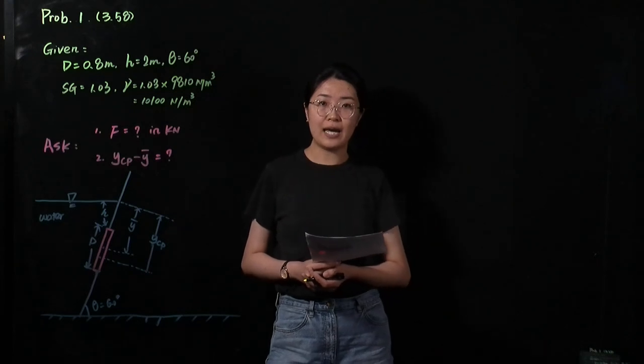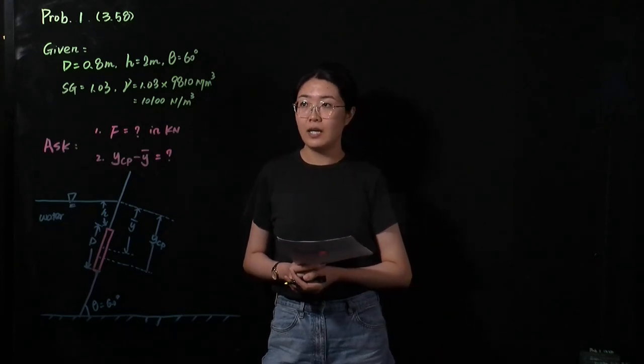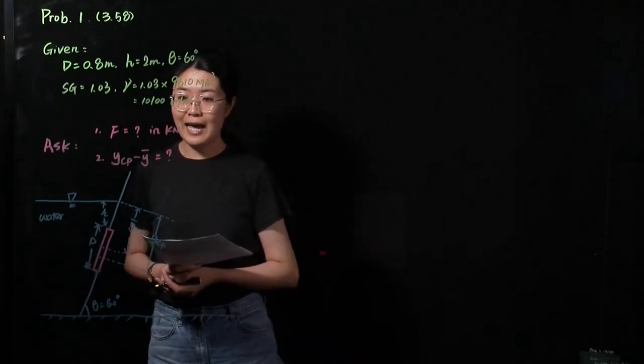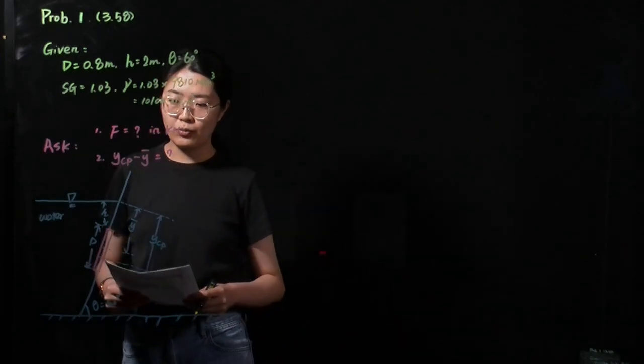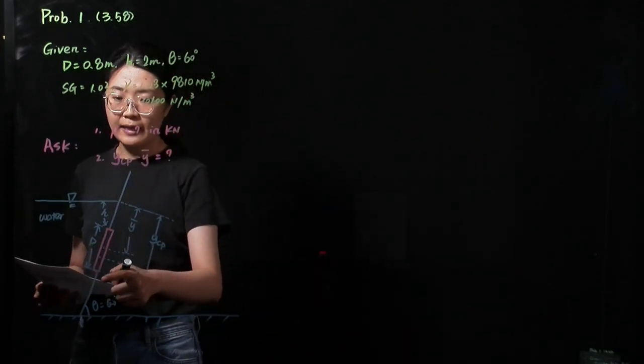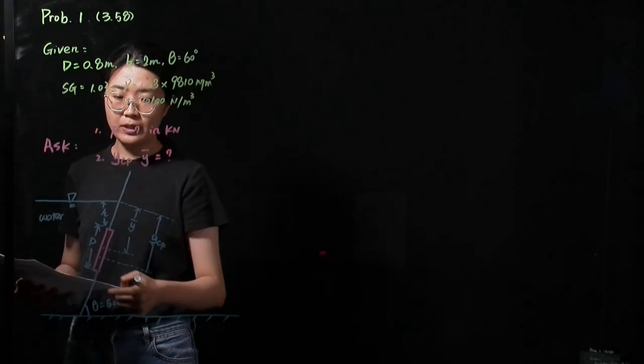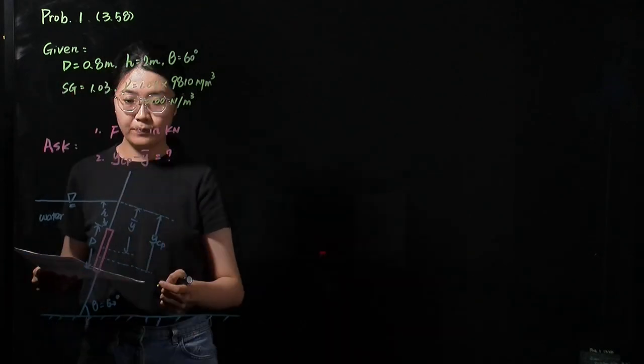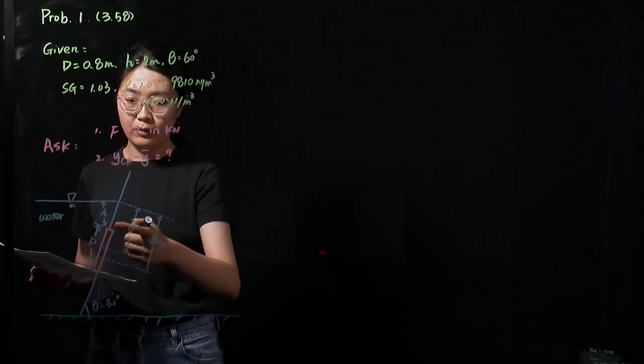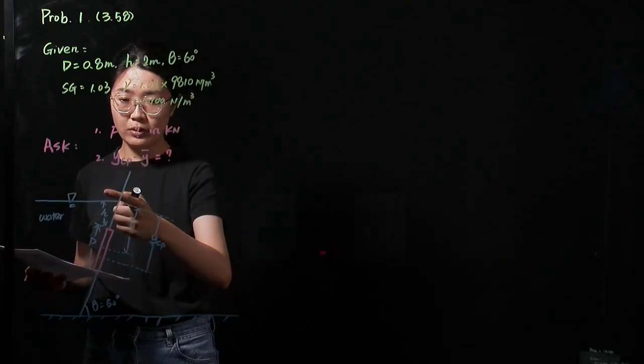Now let's take a look at the first problem. In this problem, we have a submerged round window in a seawater tank. We know the diameter of this window is 0.8 meter. We know the top of the window is 2 meters under the water surface.